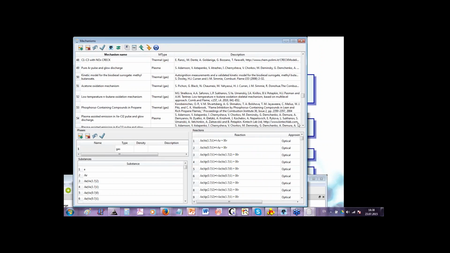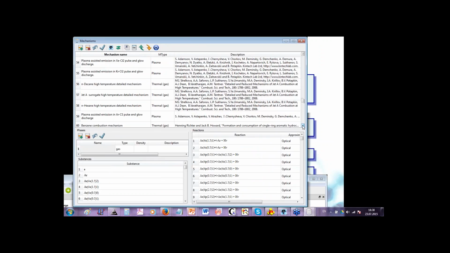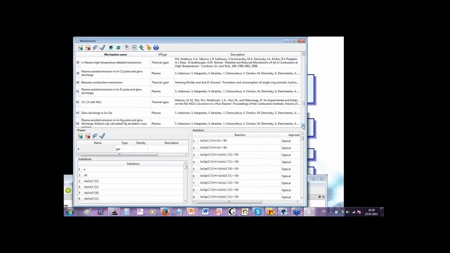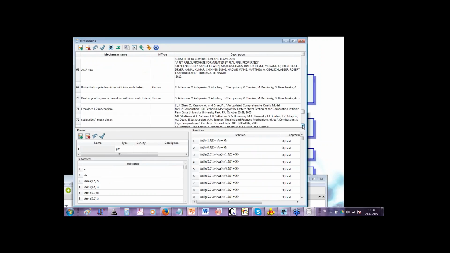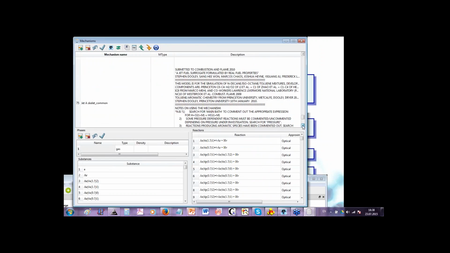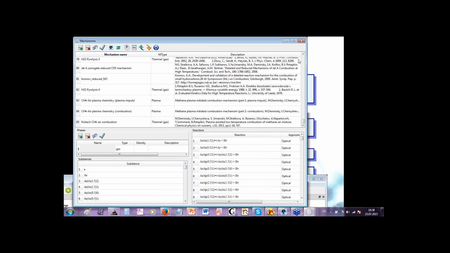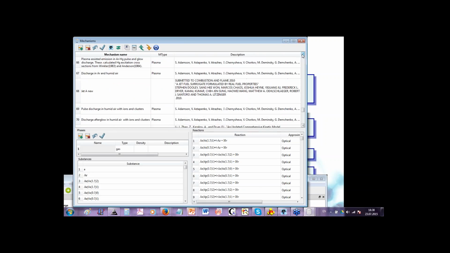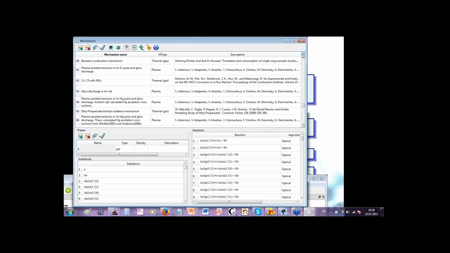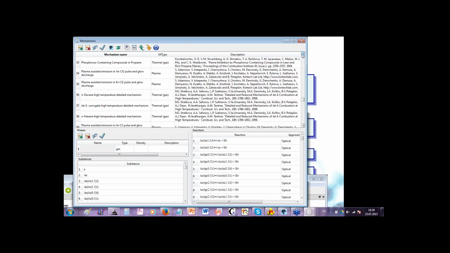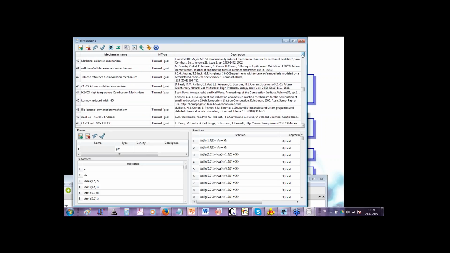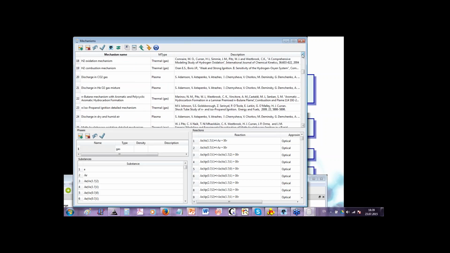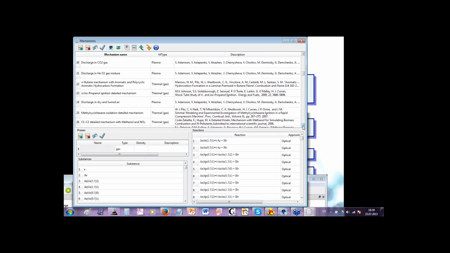Plasma. Okay, it's a thermal process. It's more interesting in the plasma-assisted process. Just a second. No, discharge in dry and humid air.